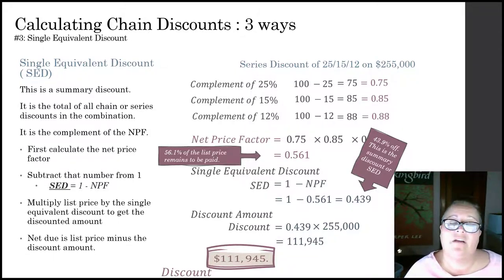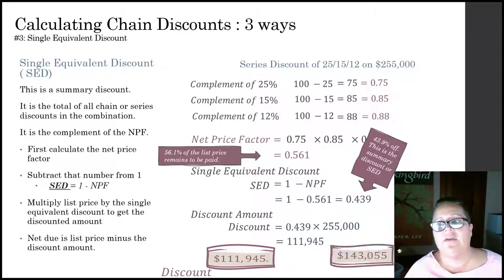Our net price, we can find two ways. We can do $255,000 minus the $111,945 to get $143,055 as our net price.